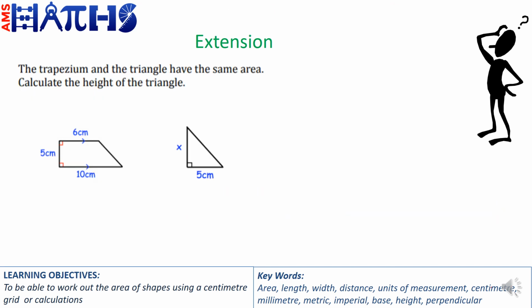Here's another extension problem. They said that the trapezium and the triangle have the same area. We need to calculate the height of the triangle. So what we have to do first is find the area of the trapezium. We know that our trapezium's area is given by the sum of the parallel sides divided by 2, then we multiply by the height.